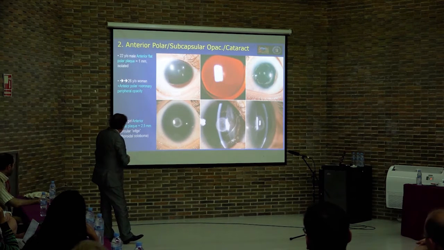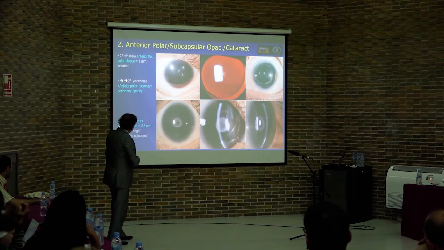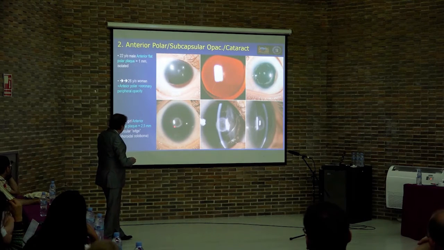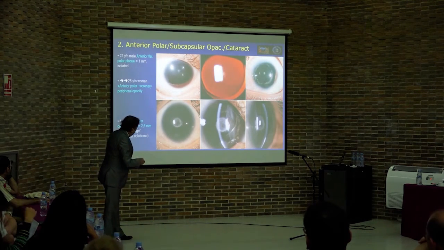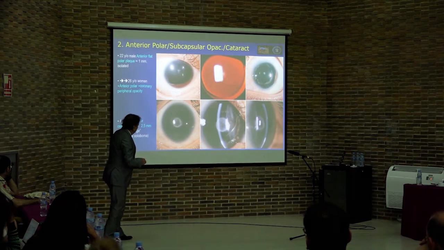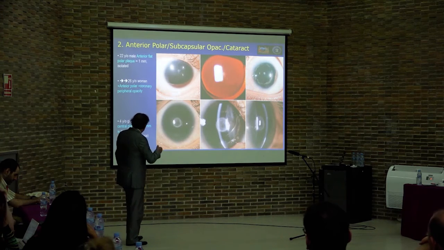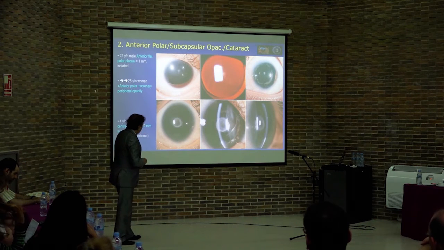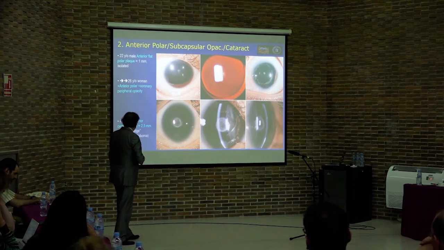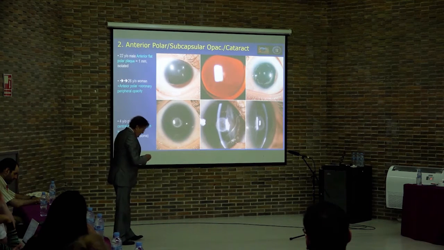And again another young girl, 4 years old, with this plaque in the essentially anterior part of the lens, with a characteristic ring of density in the periphery and relatively less opacity in the center. And she also had a choroidal coloboma.